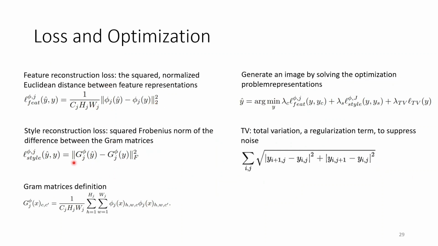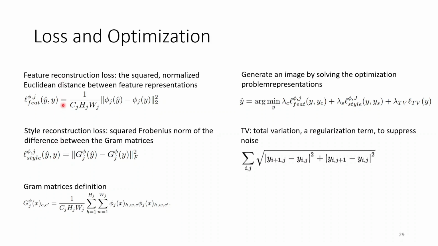And they also create another loss, the style reconstruction loss. The style reconstruction loss is slightly complex because they need to compute the Gram matrix first. So this is a Gram matrix, and they use two Gram matrices to generate the style reconstruction loss.